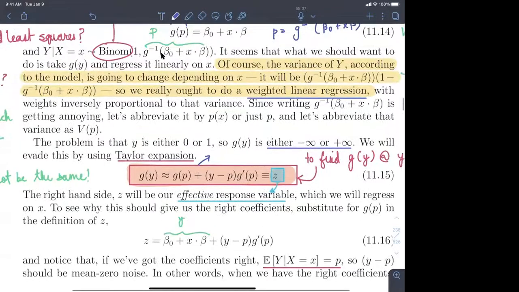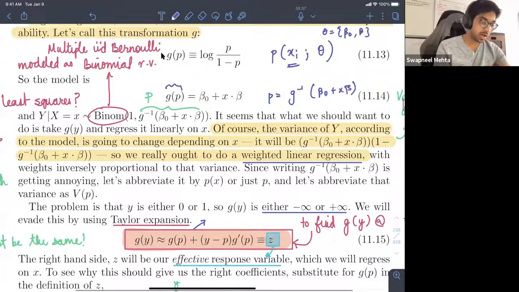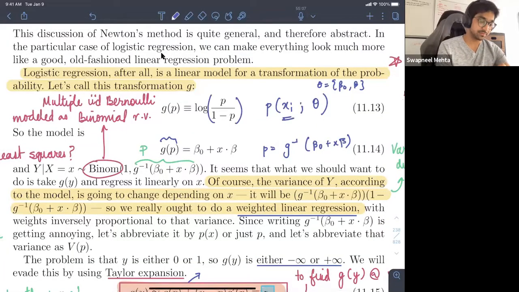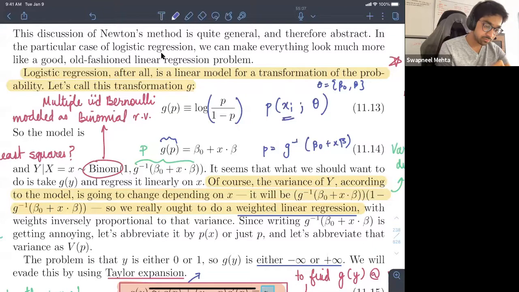It comes from just above, the formula for g of p is given as log of p over 1 minus p. Okay, right. So if you put g of y, then you get log of y over 1 minus y.